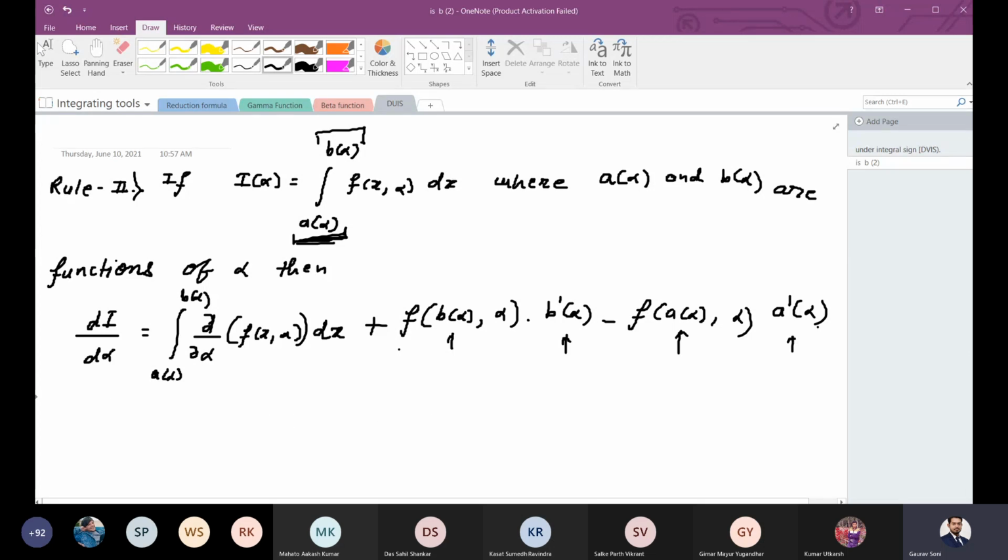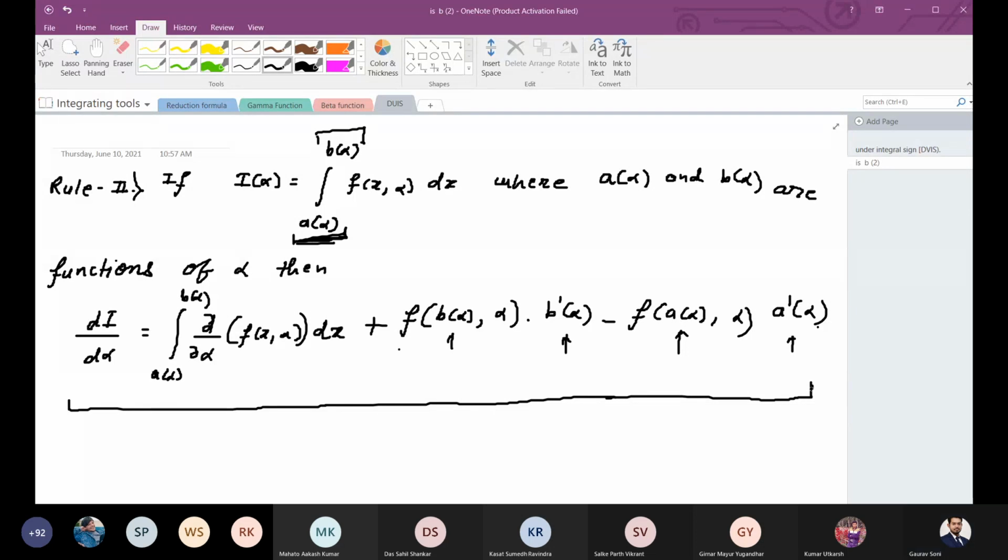This is the statement for rule number two. Rule number two is to be used whenever your limits are functions of alpha, not constants. Fine. I hope the two rules are very much clear and I can go for examples on this.